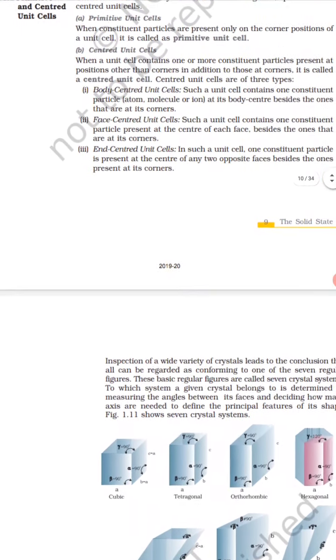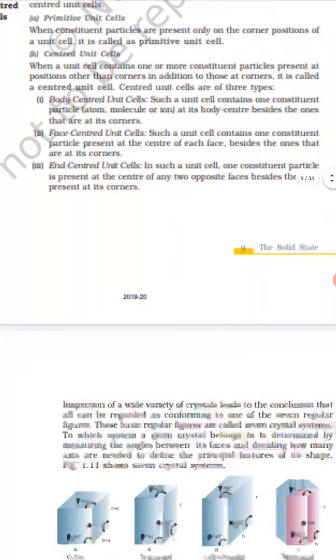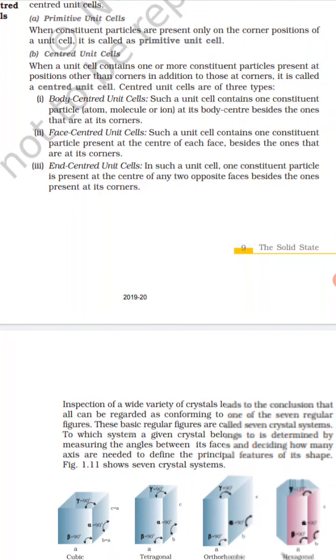The other type of unit cell is known as centered unit cell, and as the name suggests, particles are present at the center of the unit cells along with the particles at the corners. A point has to be noted that the particles are always present at the corners.